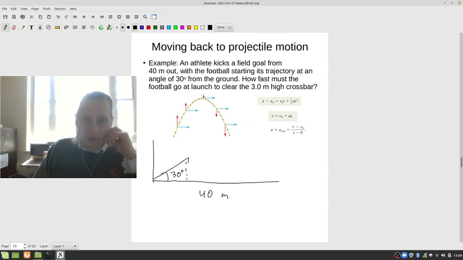Okay, so the ball is going to go like this. Maybe I should have it going higher. Here's your v. And then at the end of the field, this is 3 meters tall. That's where I need to end up.